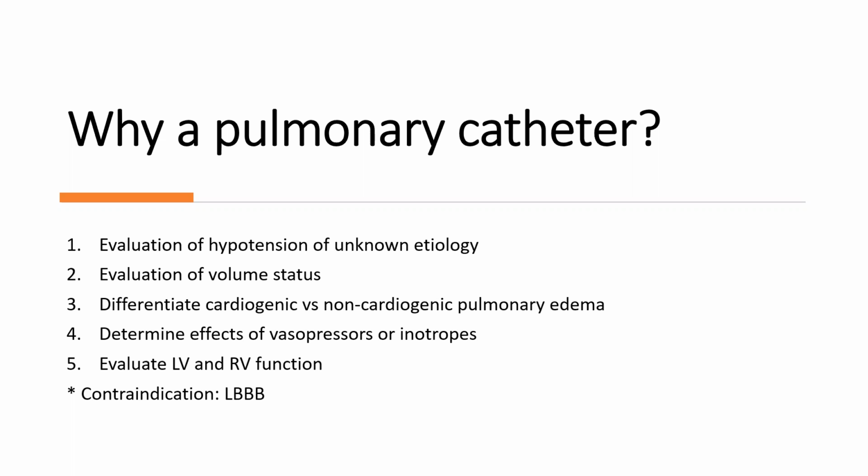If this is the case, due to the risk of a right bundle branch block during catheter insertion, external or transvenous pacer should be placed concurrently to prevent a complete heart block. So what am I talking about? I think I'm going to write a little bit over here so that we can understand what it is that I'm talking about. Just hold on.